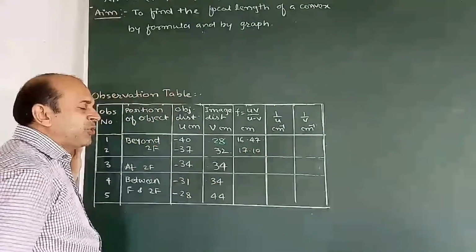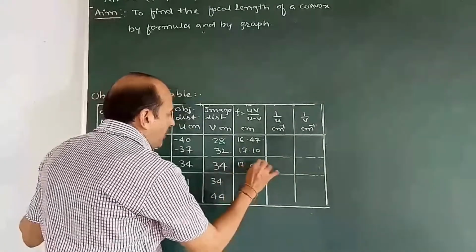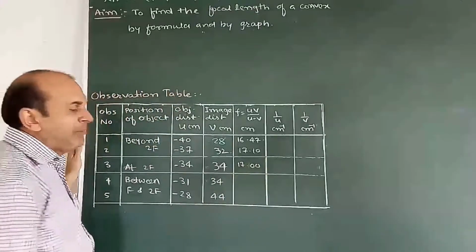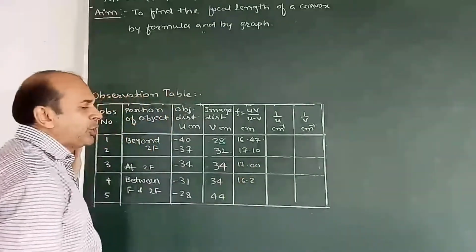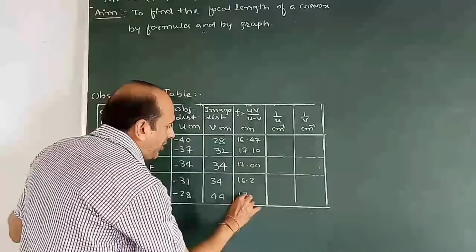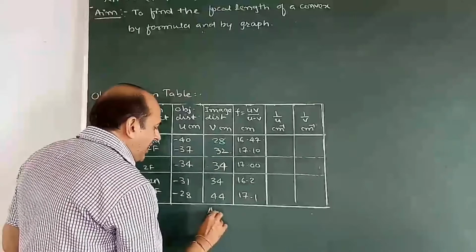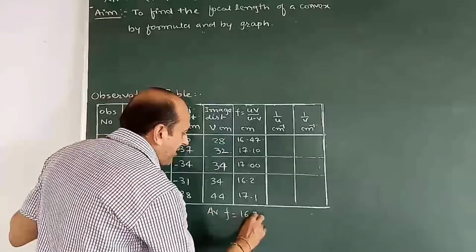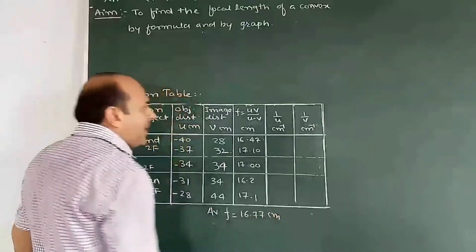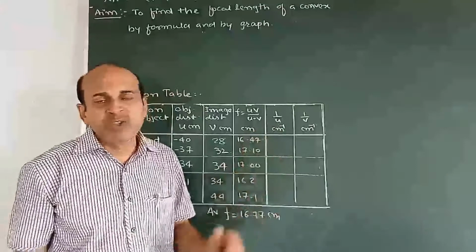And for 34, the answer will be 17.00. For the third calculation, your answer will be 16.20. And for the last calculation, you will get 17.1. So the average f is equal to 16.77 centimeters.